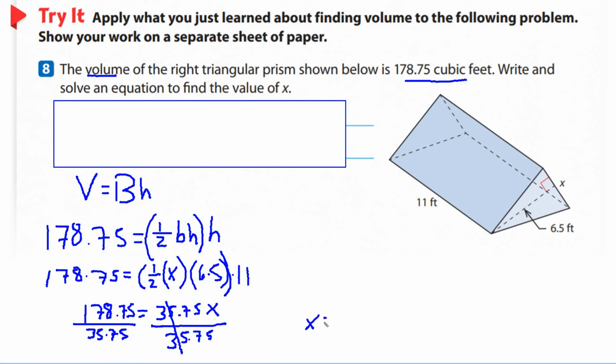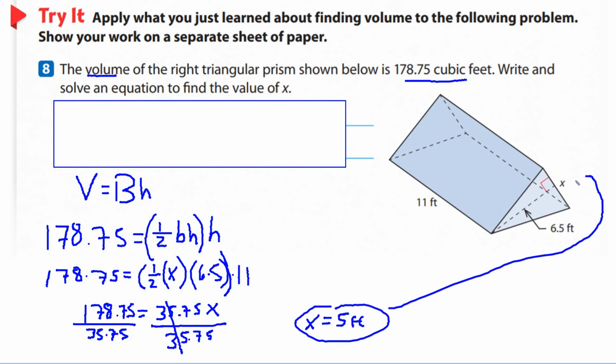So x, in this case, will be 5 feet. Do not forget the units. So x here will be 5 feet, which makes sense. To check your work, I would do 5 times 6.5 times a half to find the area of the triangle, times 11, which gives us 178.75.